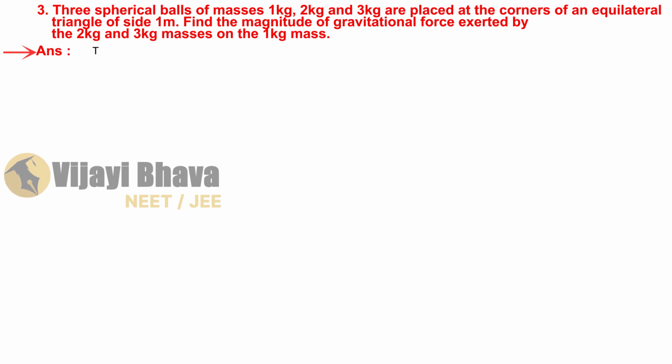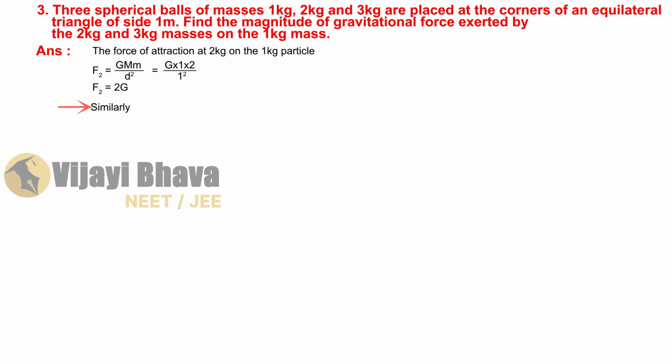The solution. The force of attraction of the 2 kg on the 1 kg particle is assumed to be F2 and it is given by G m1 m2 by d square, which is equal to G into 1 into 2 by 1 square. F2 is equal to 2G.